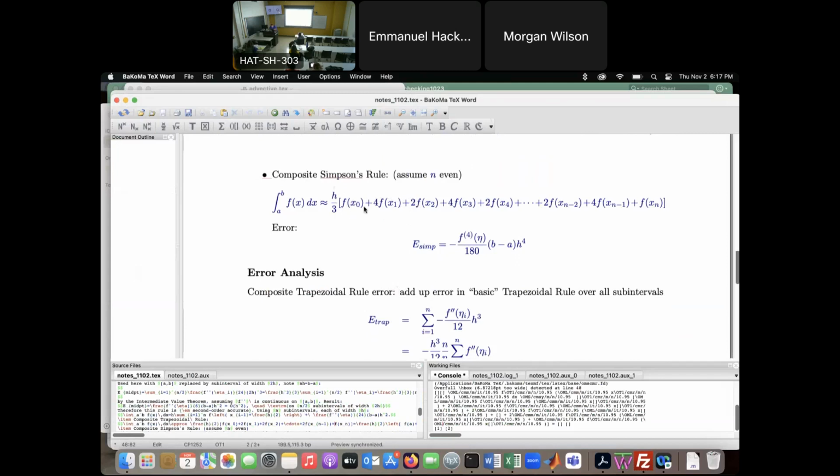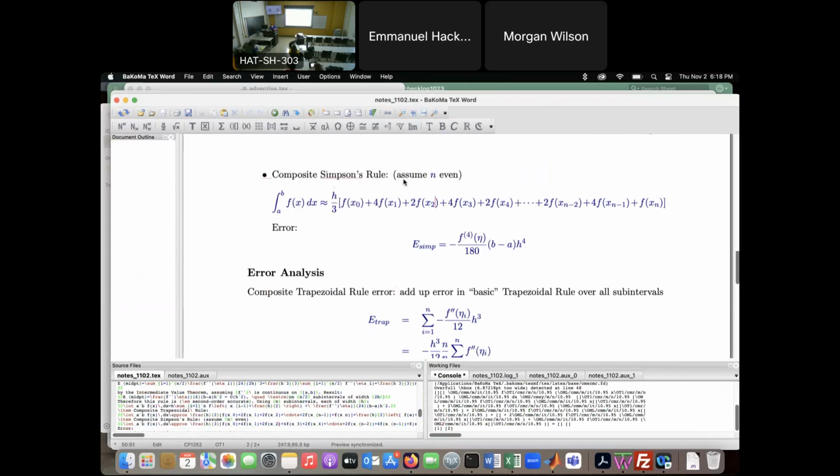So really I'm applying it on an interval of width 2h. And this f value is shared between two adjacent applications of Simpson's rule. So that's why the weights are 1, 4, 2, 4, 2, 4, 2, and so on, from adding up all those applications of Simpson's rule.